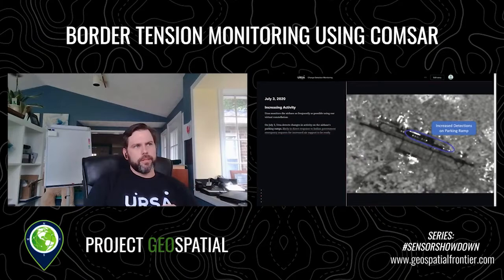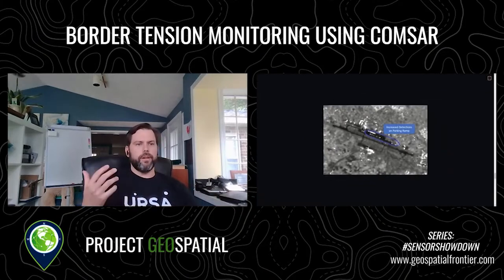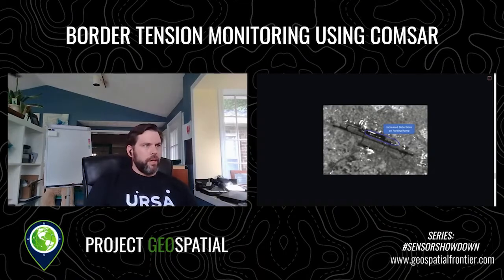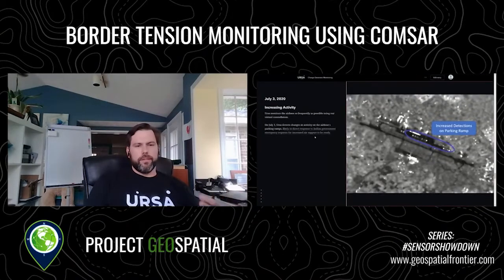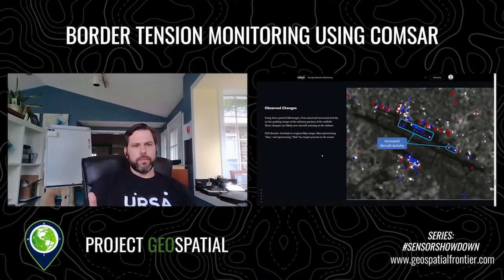So all these bright spots on the ramp, those represent things like transport aircraft, helicopters, smaller jets. And this increase, we believe, is likely in direct response to an emergency request by the Indian government to redeploy air forces to support the Galwan Valley tension area and to just provide meaningful response times and support should something happen.